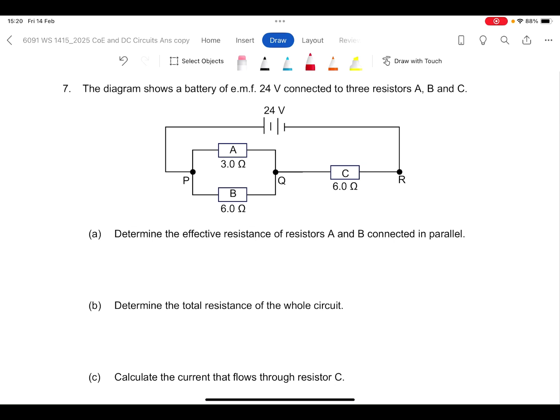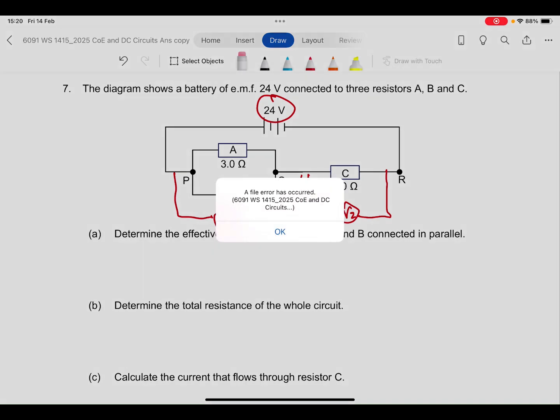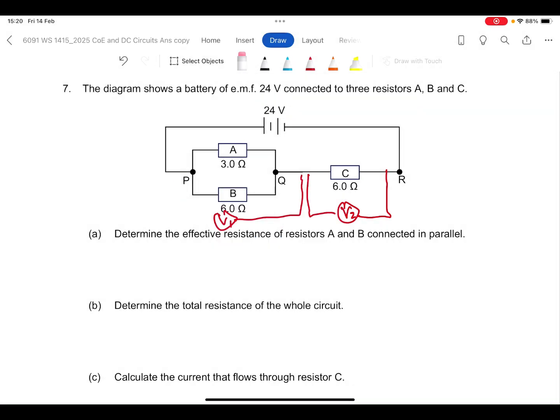At one glance, you should recognize that it is a series circuit as a whole, because if I take the potential difference across here, I call it V1, and the potential difference across here, I call it V2, you add these two together, you should get 24 volts, because V equals V1 plus V2 in a series circuit. So as a whole, this is a series circuit.